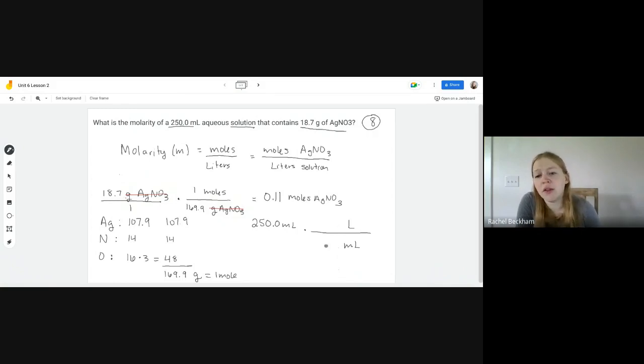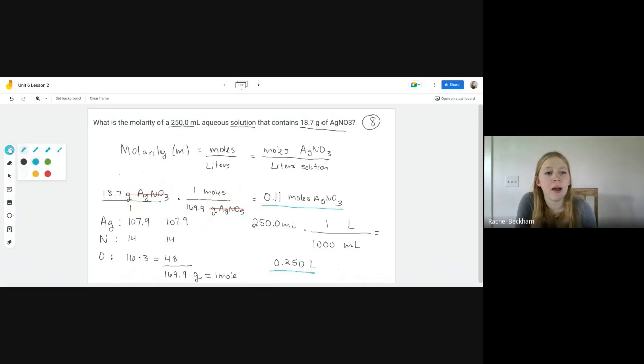And you can Google this. If you say how many mL are in an L, a milli is 1,000th. So there are 1,000 milliliters for every 1 liter. So we're going to be doing 250 divided by 1,000, which is just 0.250. It's just shifting the decimal over, in liters. So now I have my moles and I have my liters.